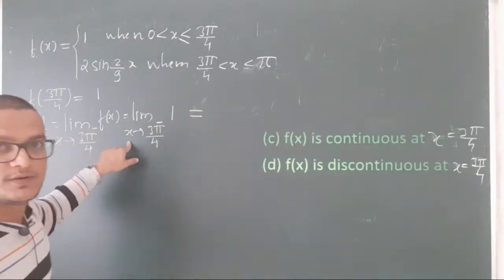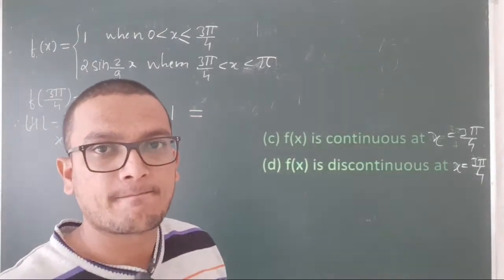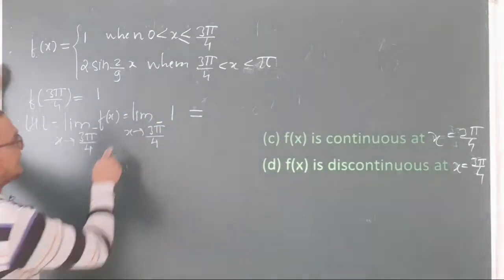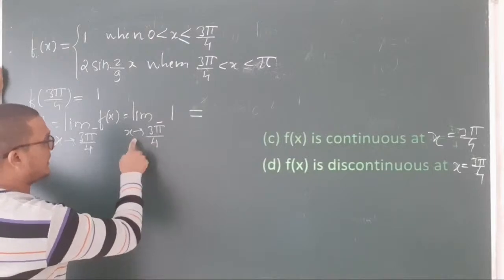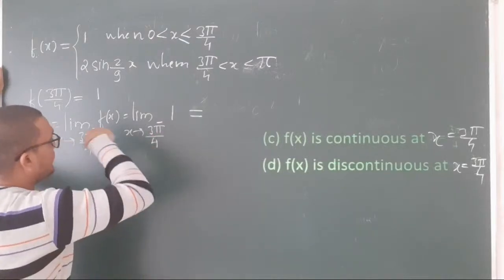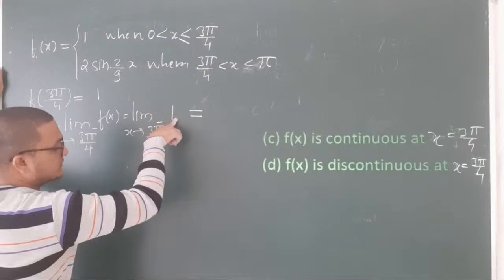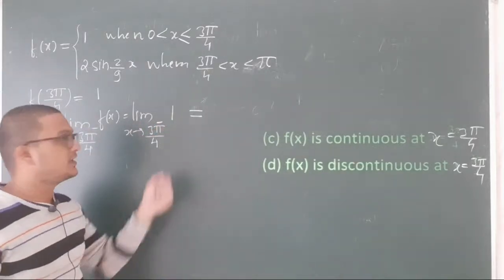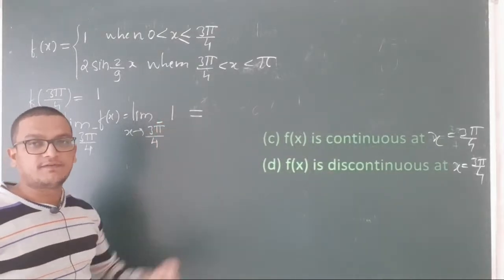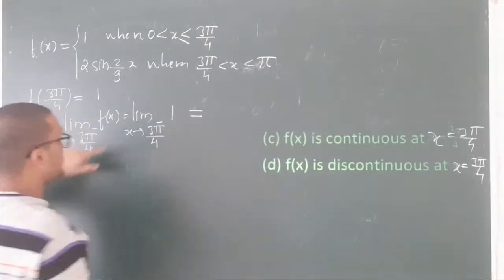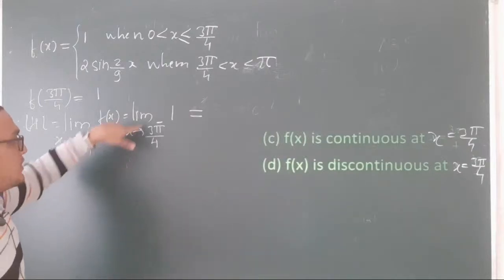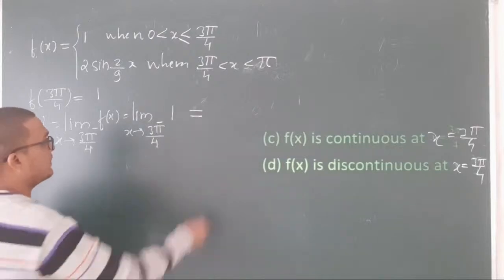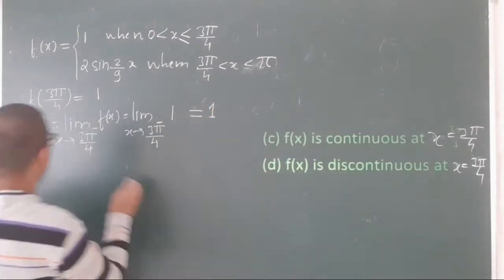So in this limit, as x tends to 3 pi by 4, your function is constant, f of x is constant, which is 1. If the function is constant, you are not able to put the limit, so whatever the constant function is, that constant itself is the value of that limit. Therefore the answer is 1.